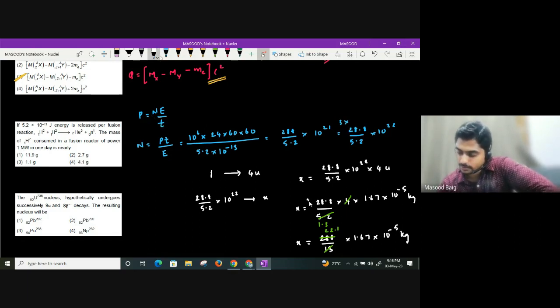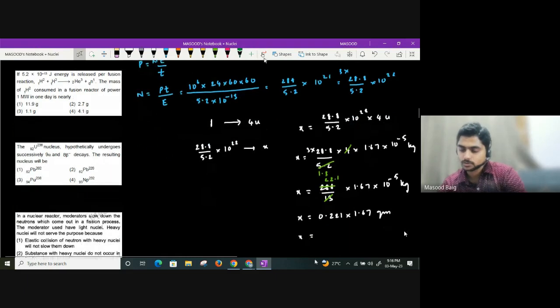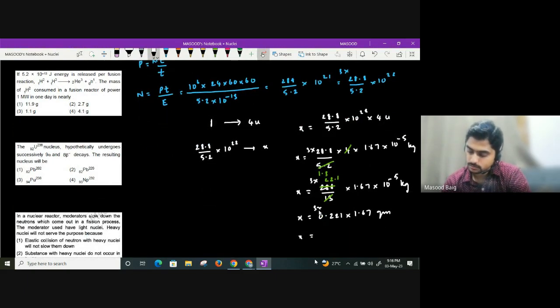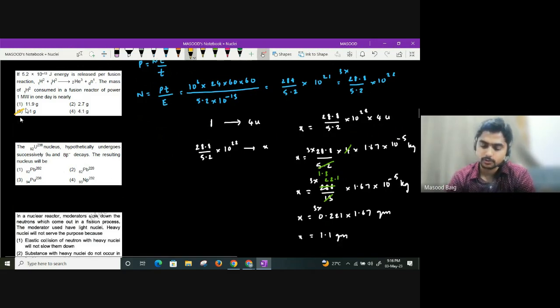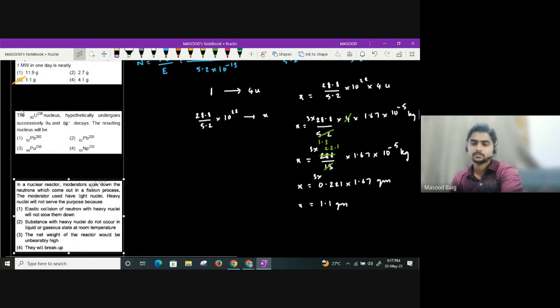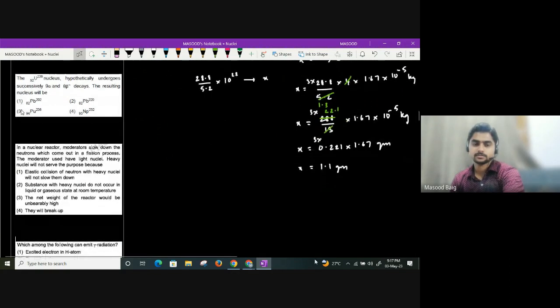So I think answer will be 1.1, guys. Into 3 you can take. So you'll get it as 1.1 grams. I hope you understood the procedure of solving the question. Right, let us see the next question.